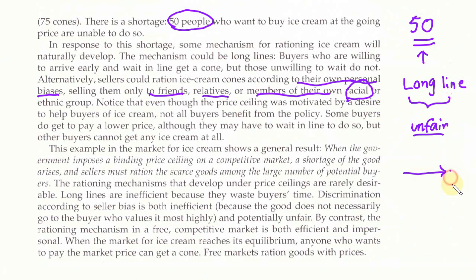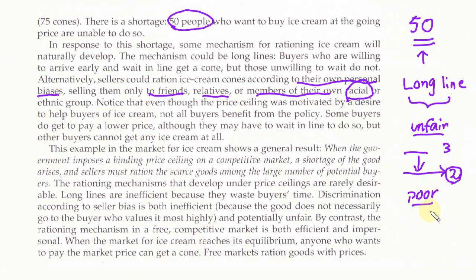The market price is 3, but the price ceiling is set down to $2. The original intention was to make more people able to buy more ice cream. It was a very good intention, but eventually the result is worse than anticipated, right?